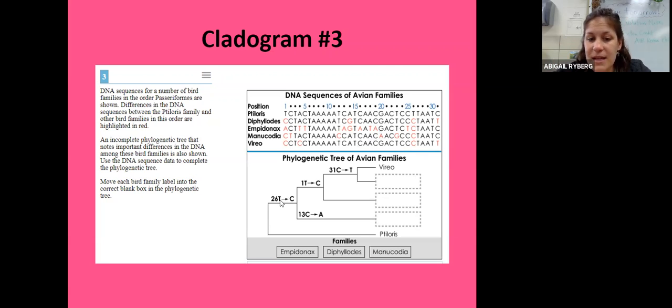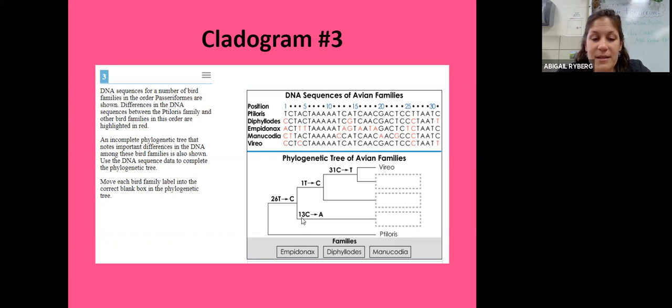T is going to be changed to a C, in which case in base number 26, all of them have been changed to a C except this one right here. And if you look at what's happening in the phylogenetic tree, the one that isn't a C got kicked off and is down here at the very bottom, Ptiloris. So that makes sense. Everything else continues on.